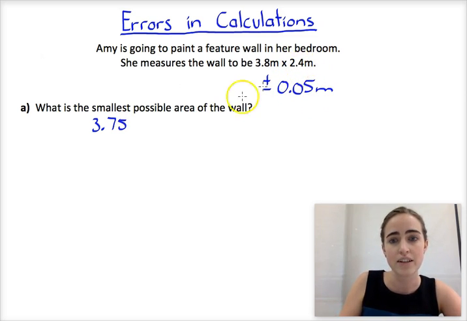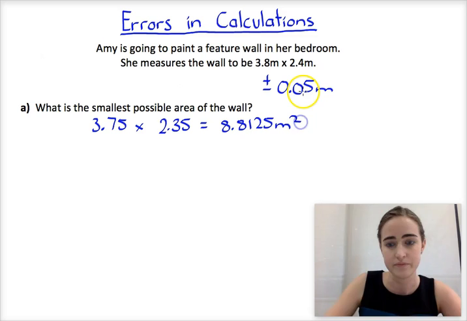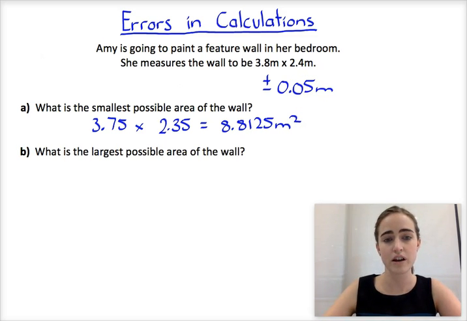And the smallest height would have been 2.35. So the smallest possible area of the wall would have been the smallest possible length times the smallest possible height, which would have come out to give us 8.8125 metres squared.